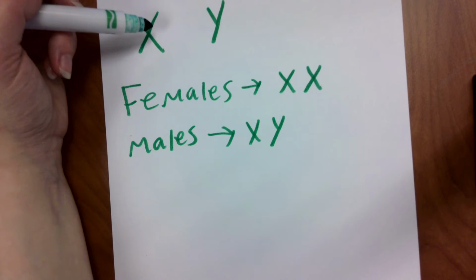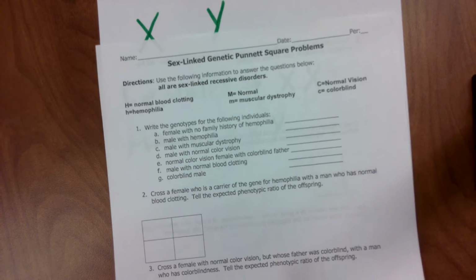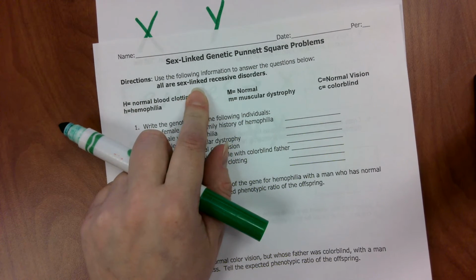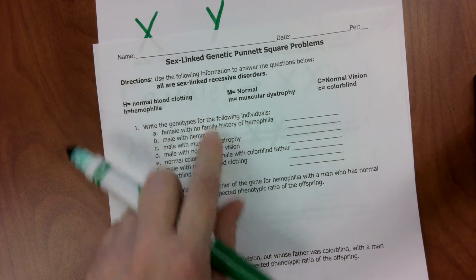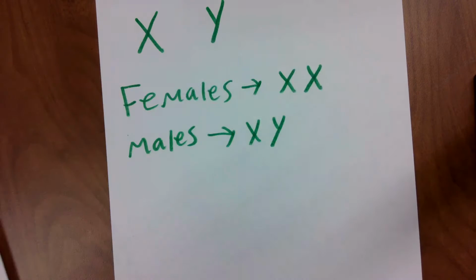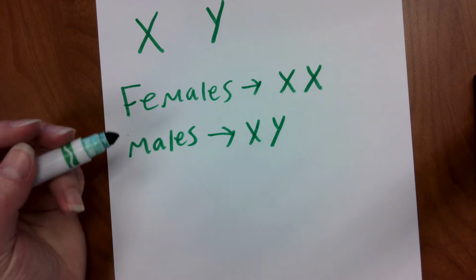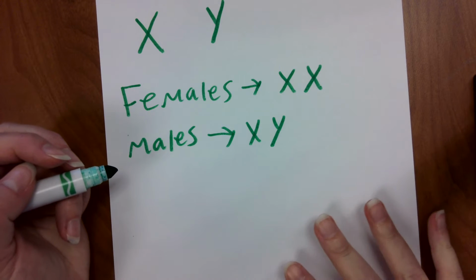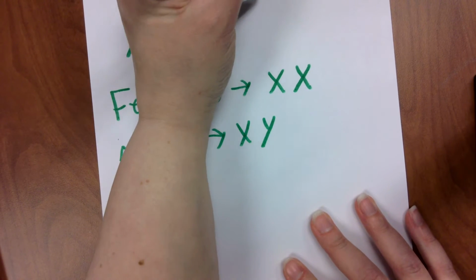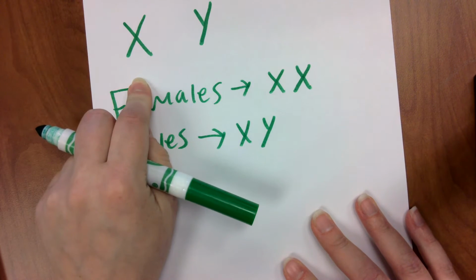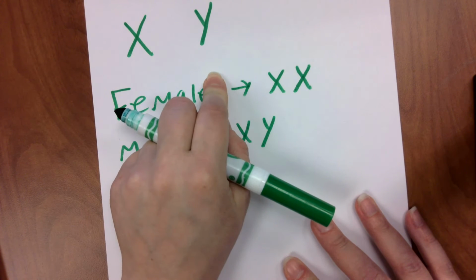So on your sheet, it says that all of your diseases or disorders are sex-linked recessive. This is important because it's not talking about an uppercase X or a lowercase x or an uppercase Y and a lowercase y.